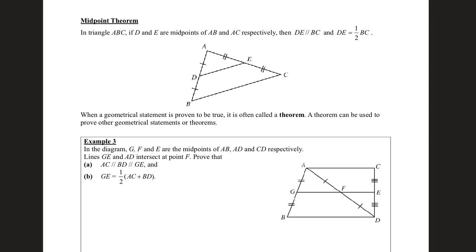The midpoint theorem says that if D and E are the midpoints of AB and AC, therefore DE and BC have to be parallel. And not only that, AD is half of AB, AE is half of AC. Okay, that's what the midpoint theorem is trying to say, and the converse will be true.